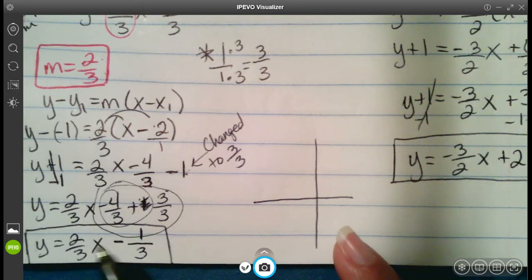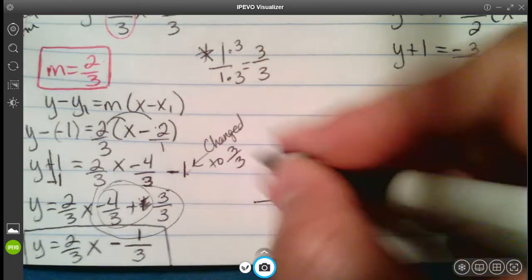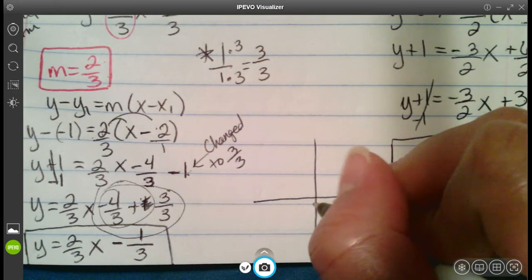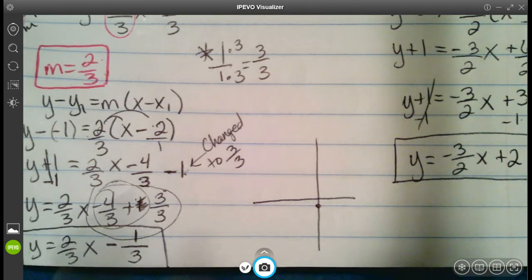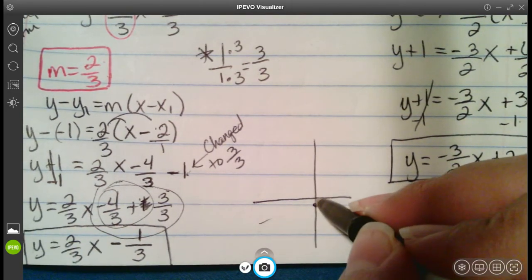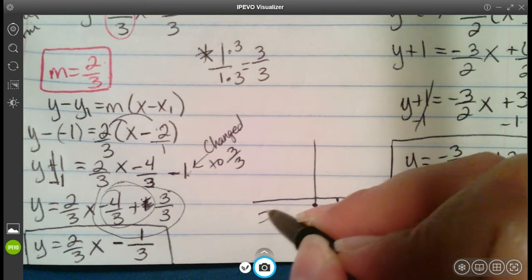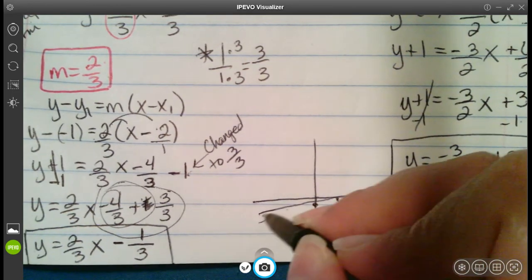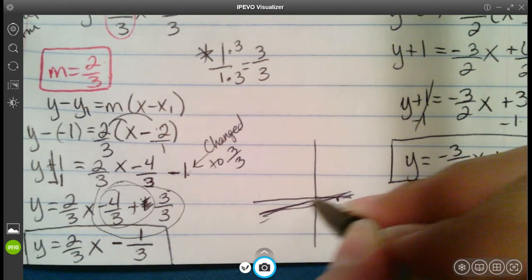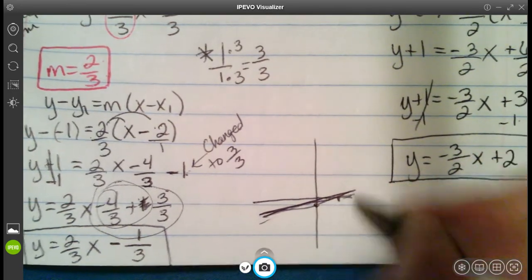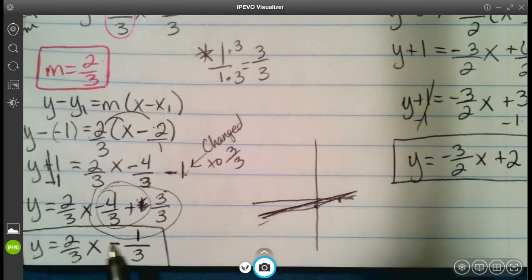Well, this one, it's starting at -1/3, so it's somewhere right here. And the slope is up 2/3, so it's probably going to be like up 2/3. I don't know, something like that. It's going to be pretty not steep. Okay, so something like that. Okay, that's this line right here.